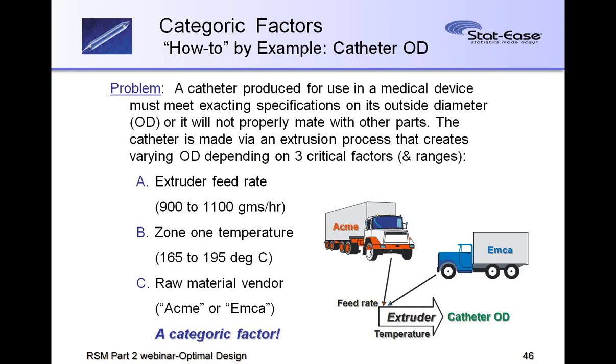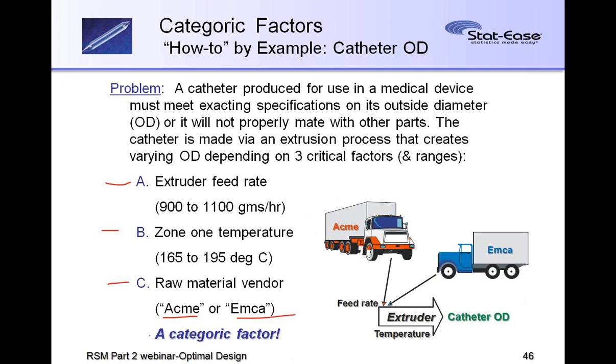So in this example, what we have is 3 factors. We're going to extrude this polymer stent. So we're going to have a feed rate for the extruder. We have a zone 1 temperature, and the rub here is we have a raw material vendor. We can use for the raw pellets that go into the extruder either Acme or MCA. May sound familiar to some of you. 2 different suppliers of the raw material.